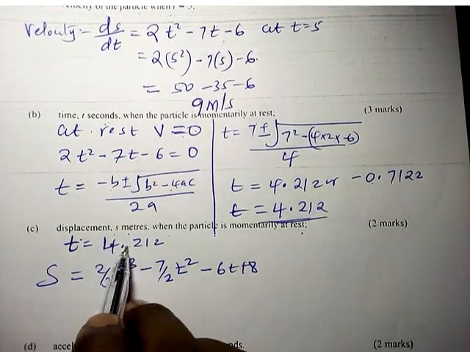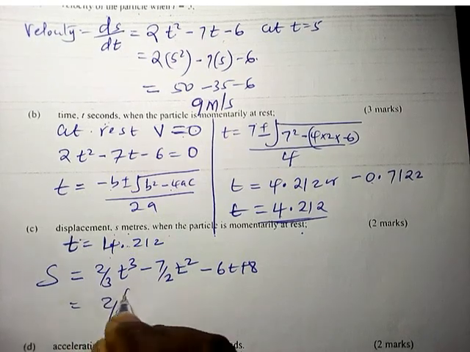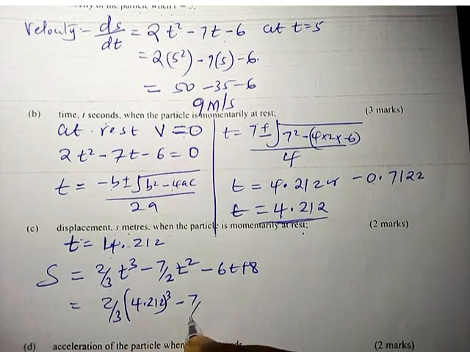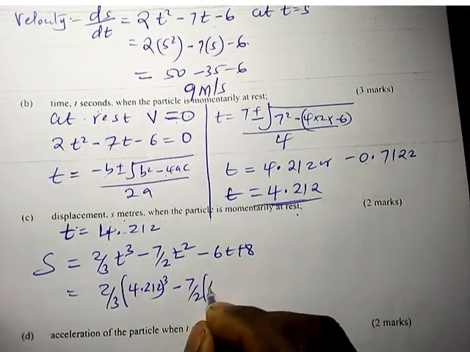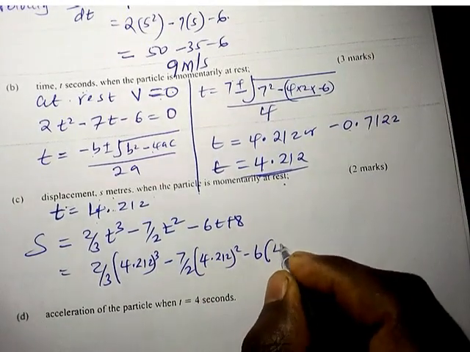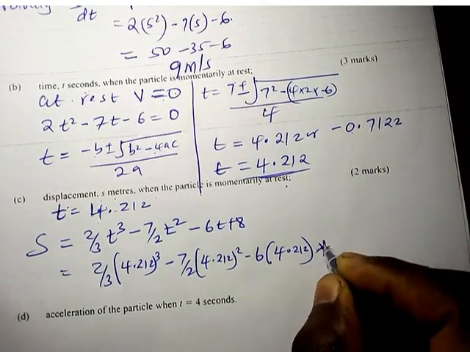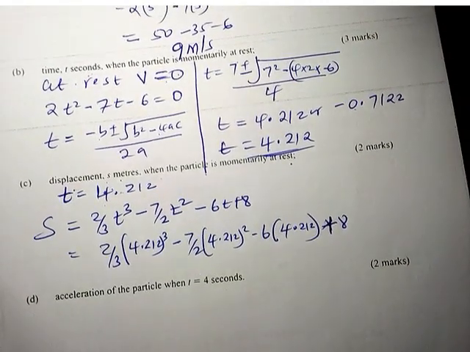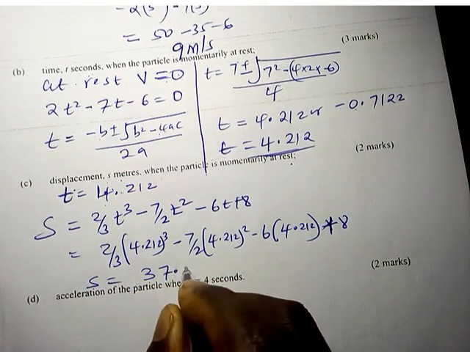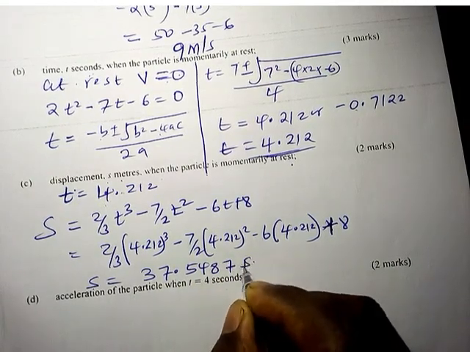We will have 2 over 3 into 4.212 cube minus 7 over 2 into 4.212 square minus 6 into 4.212 plus 8. So you press your calculator and you find the distance is going to be 37.5487 meters.